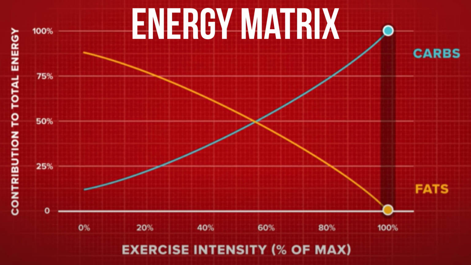As soon as you go above a specific heart rate intensity zone, you're using progressively more sugar as the heart rate goes up, and less and less fat as a fuel source. It's what we call an energy matrix. As you take the heart rate up, you're burning more and more stored sugar, known as glycogen, and as you bring the heart rate down, you're burning more and more stored fat.